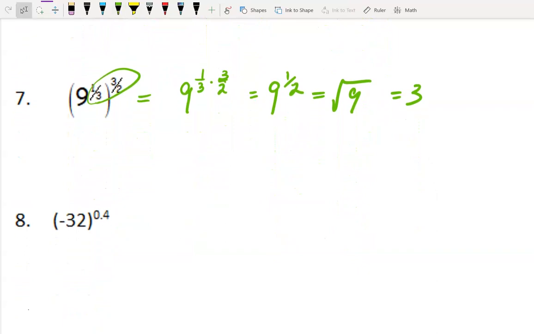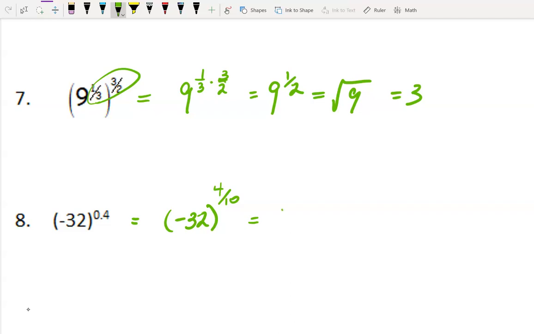Okay, this one messes everybody up because we haven't seen a decimal yet. Let me make this much easier for you. I'm going to write -32, and instead of to the power of decimal 4, I'm going to write 4/10. But I don't like 4/10 because I haven't memorized anything about the 10th root.